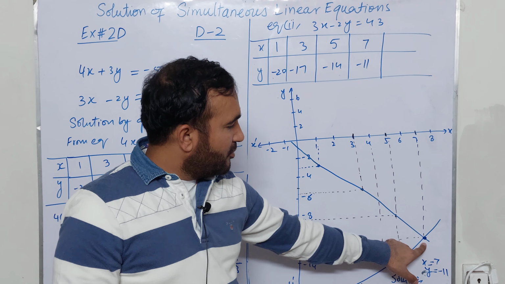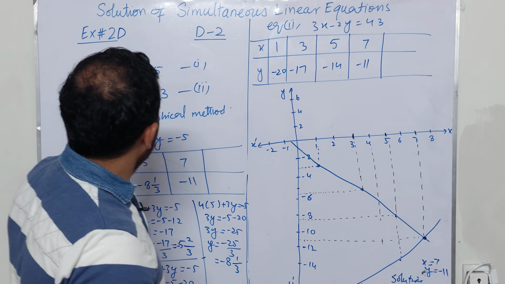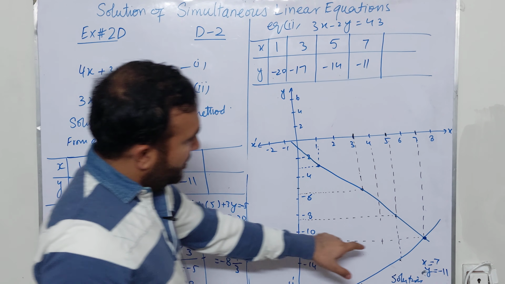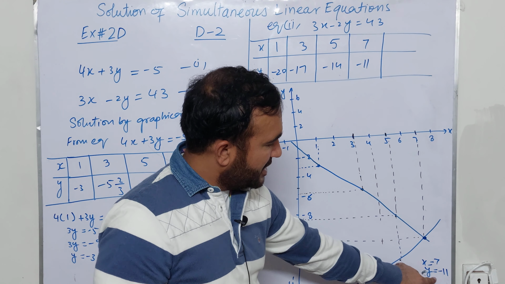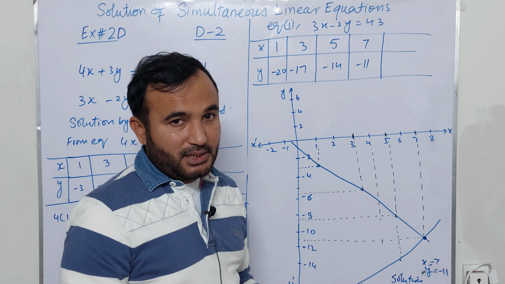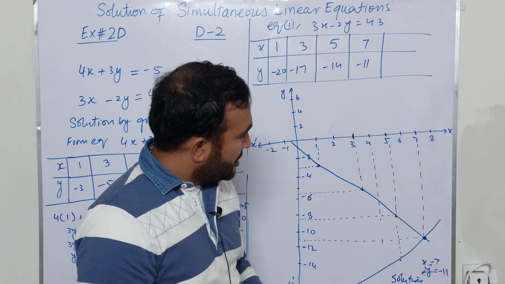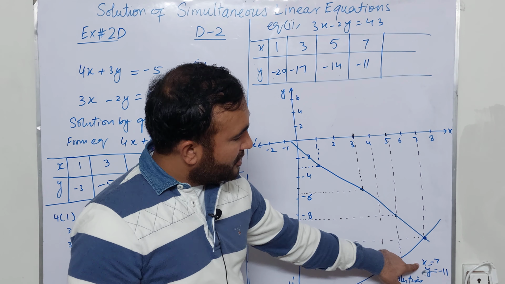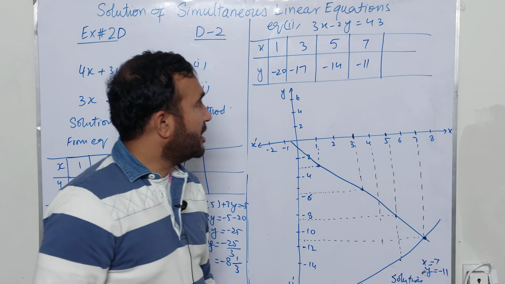If you find the point of intersection of the two straight lines given by these two linear equations, that point of intersection is called the solution, which in this case is 7 and minus 11, and this solution is exactly similar to the previous two methods. So it means that whatever method you use, you will get the same solution. Okay, thank you.